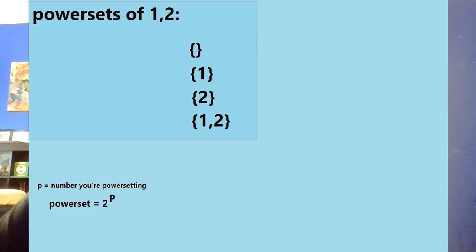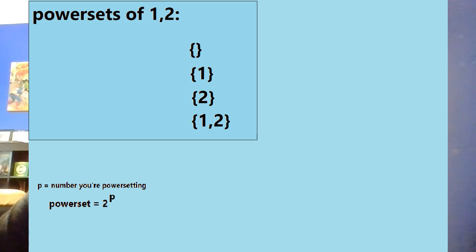power sets. So power sets are simple. Say you have 1 and 2. You take the power set of 1 and 2, and those subsets can be nothing inside of it, 1, just 1, just 2, 1, 2, and those are your power sets. That's it. You can have both numbers in it.